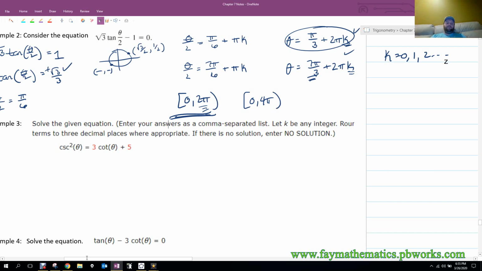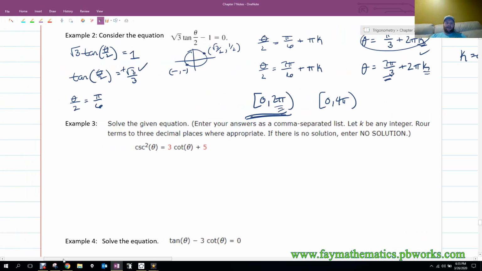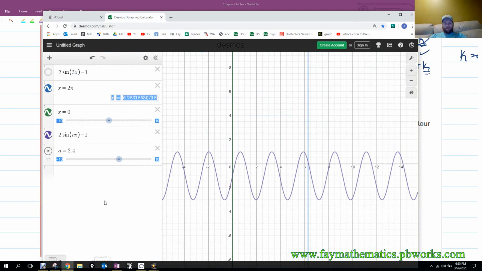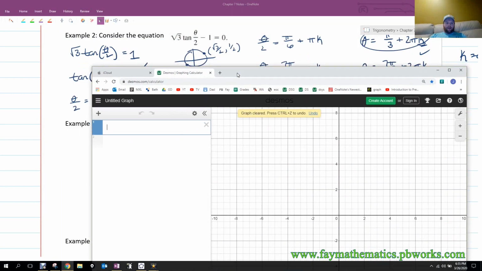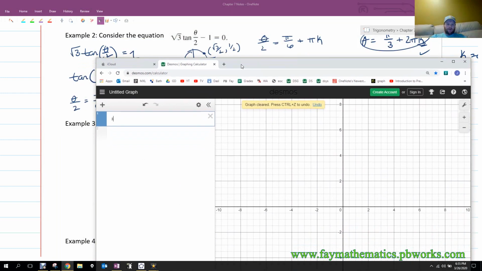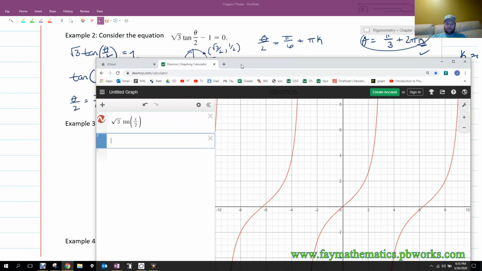Okay. So let's go ahead and take a peek of this on Desmos or GeoGebra. Let's use Desmos again. So we have square root of 3 tangent of theta over 2 minus 1.